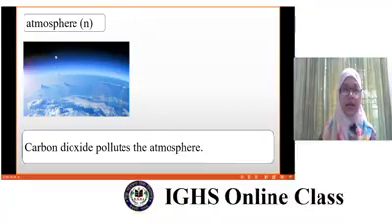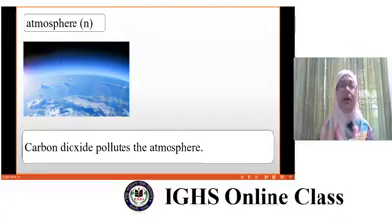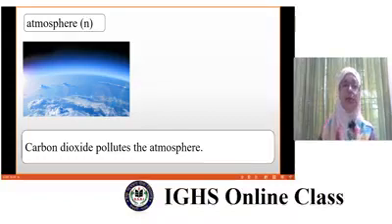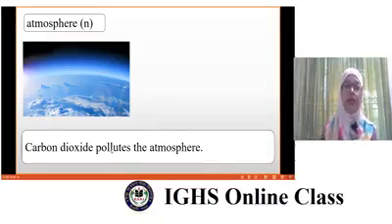This layer is polluted by carbon dioxide, a very poisonous gas. Where do we find it? We find it from every burning thing. When we burn something, carbon dioxide pollutes. From industry, we get carbon dioxide. So lots of carbon dioxide pollutes the atmosphere.